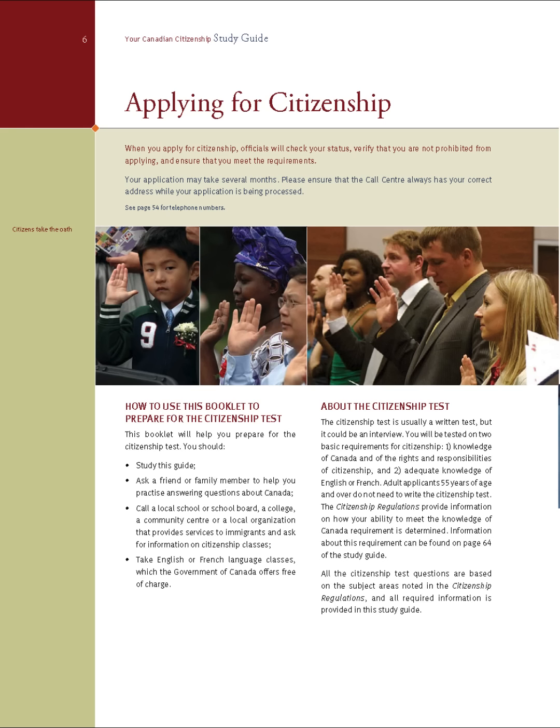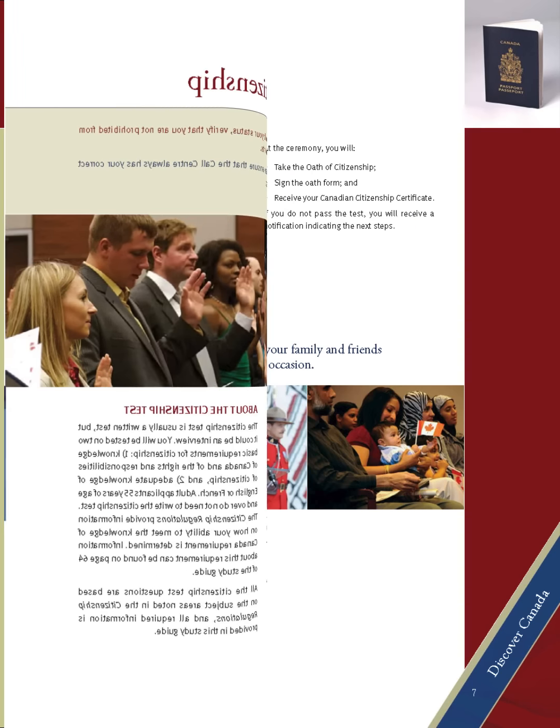The citizenship regulations provide information on how your ability to meet the knowledge of Canada requirement is determined. Information about this requirement can be found on page 64 of the study guide. All the citizenship test questions are based on the subject areas noted in the citizenship regulations, and all required information is provided in this study guide.